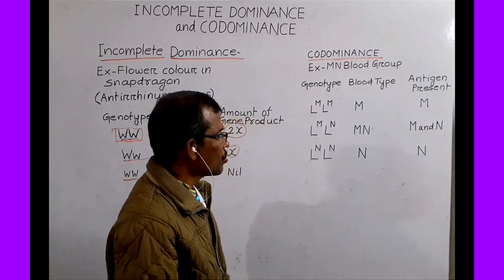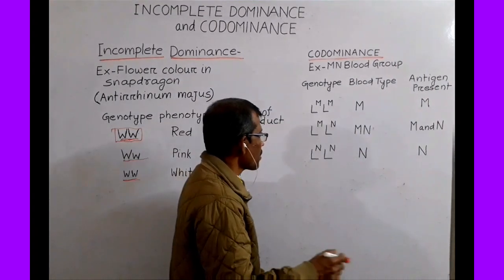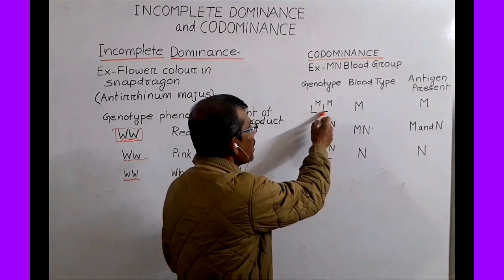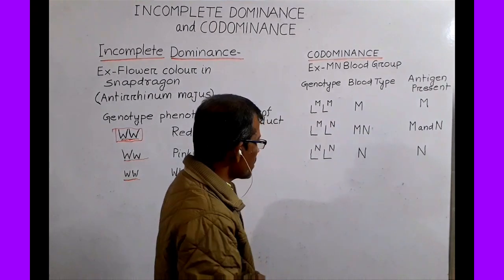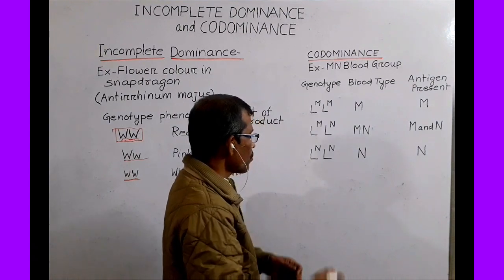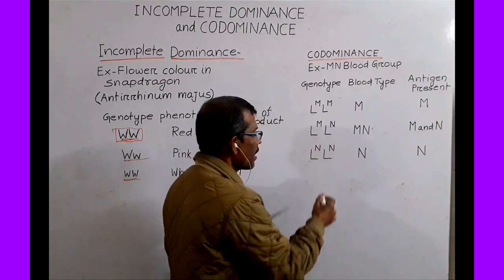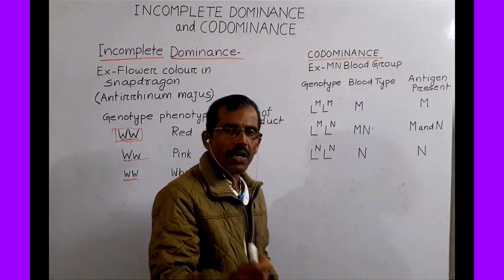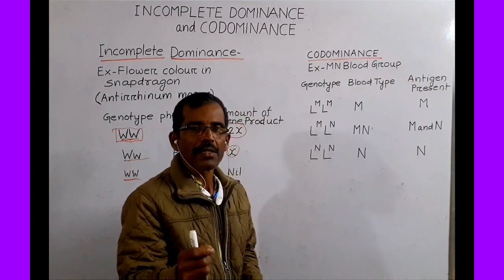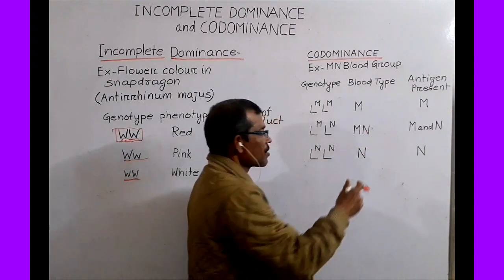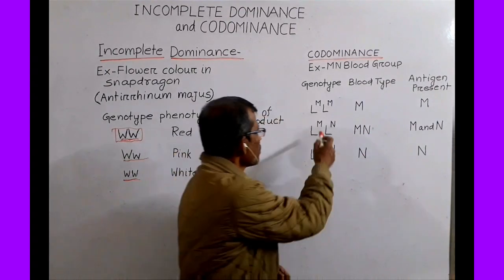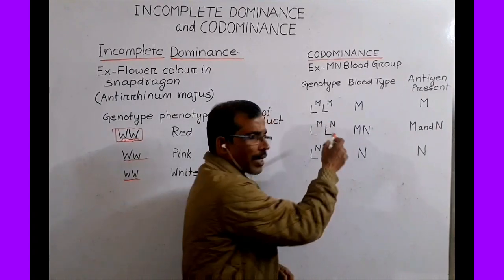So the individuals who are homozygous for the M allele will have only M antigen, whereas the individuals who are homozygous for the N allele will have only N antigen. But in case of heterozygote, both the M and N antigens will be present because these two alleles are codominant.